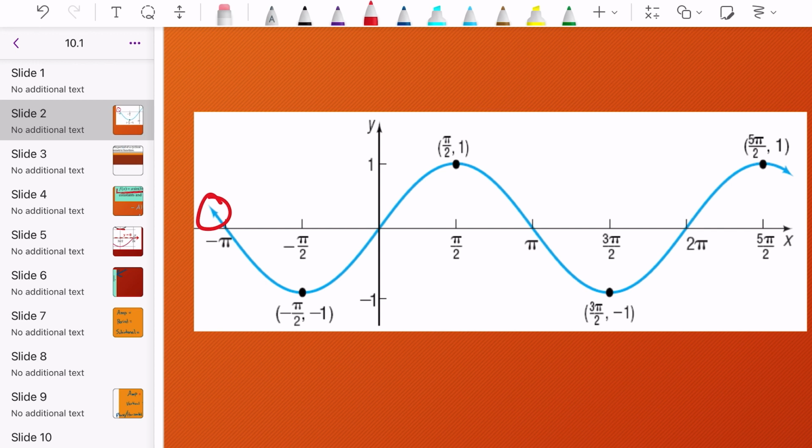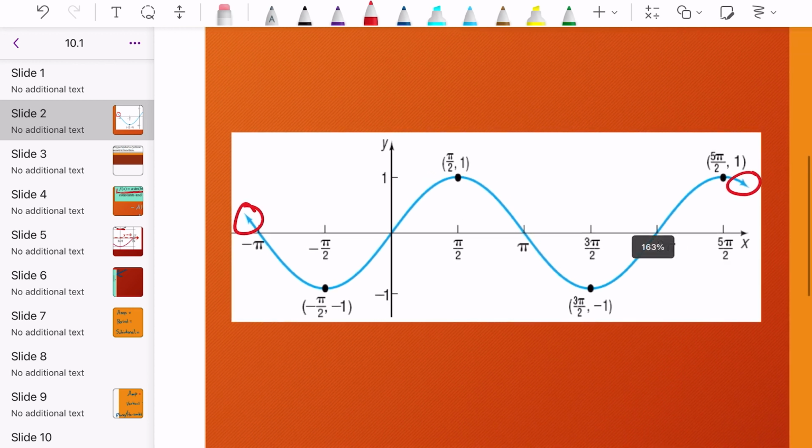Notice the arrows at the ends. This means that that cycle will continue to happen every pi, whether increasing towards positive infinity or decreasing to negative infinity.